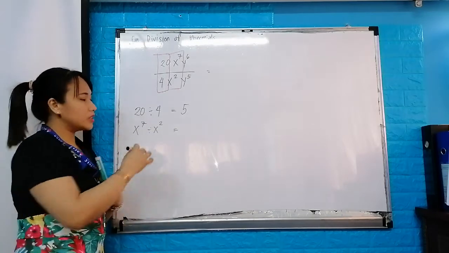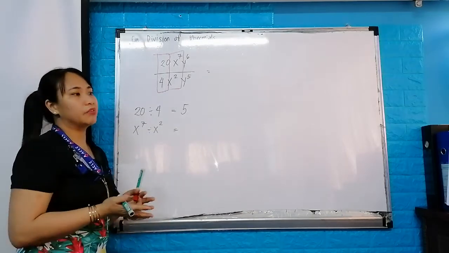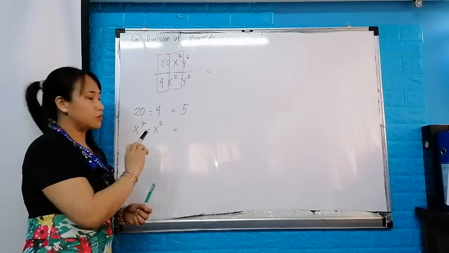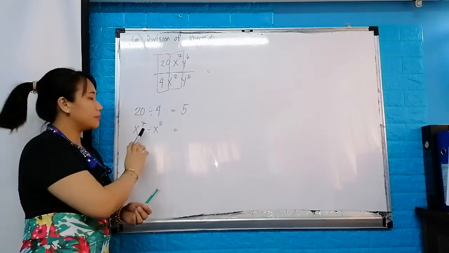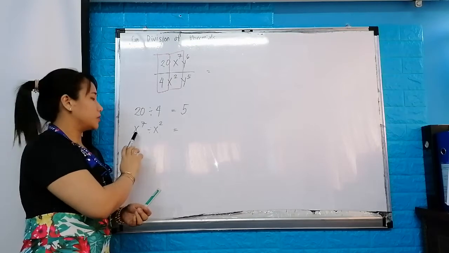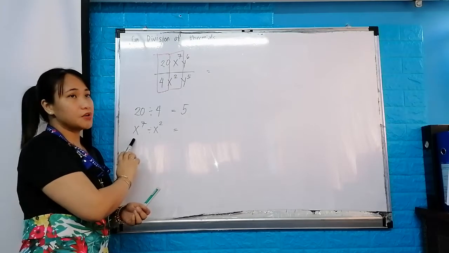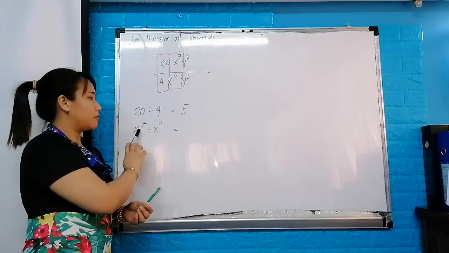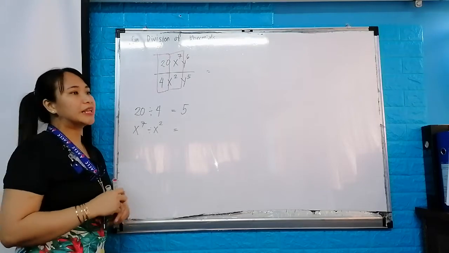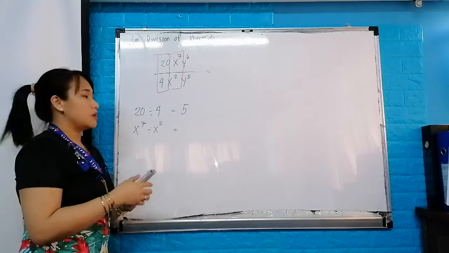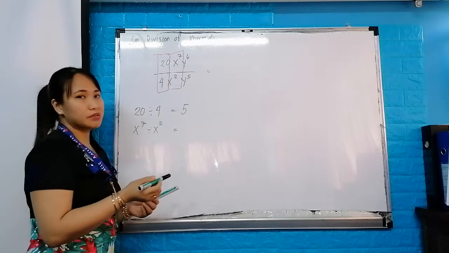When you divide a variable, you need to look at the degree, the power of your variable. On your first term, you have x to the 7th power, so the degree is 7.